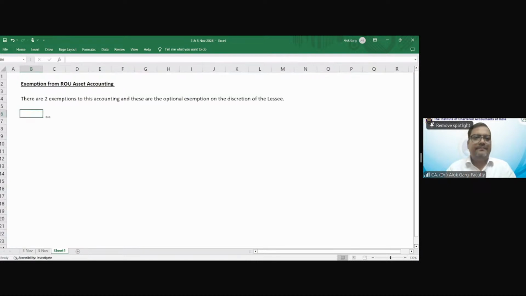Option number 1, exemption 1, short-term leases. So there are 5 buildings: building 1, 2, 3, 4, 5.